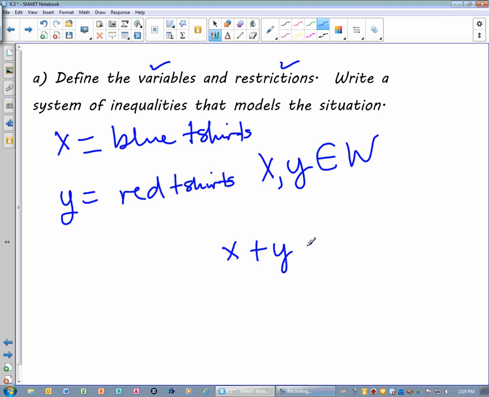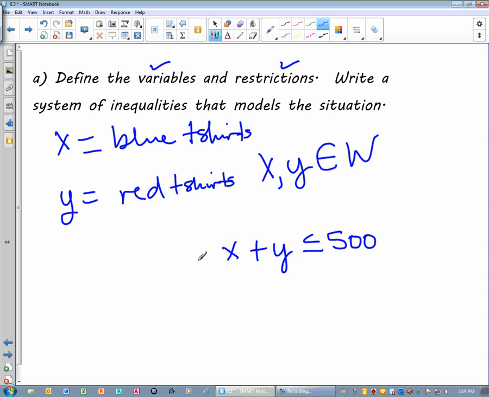It didn't say equals 500. They didn't say they're going to sell 500. They said they have 500 to sell. Okay, so 500 is the most they can sell, but they might sell less. So my first inequality is going to be x plus y is less than or equal to 500, because it could be 500, but it might be less. Okay, so that's my first one.